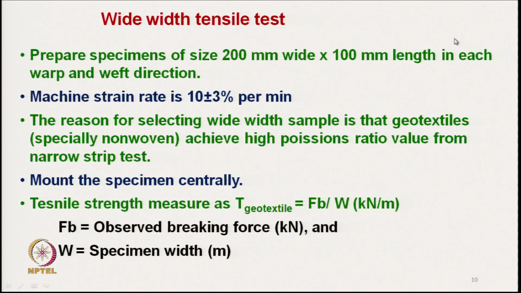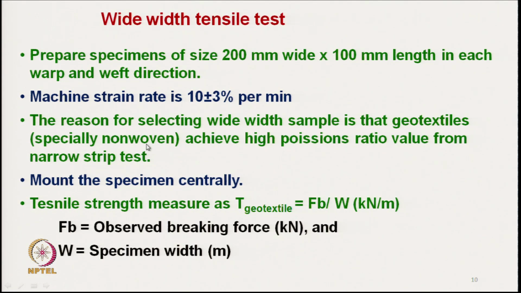For the wide width test, the sample width is 20 centimeter and length is 10 centimeter. In case of woven fabric, we have to test both in warp and weft direction. The machine strain rate is specified as per standard, it is 10 plus minus 3% per minute.